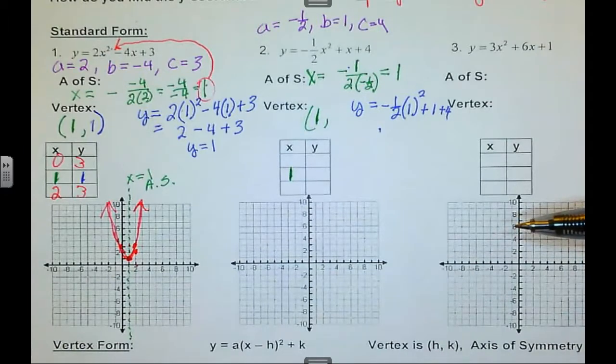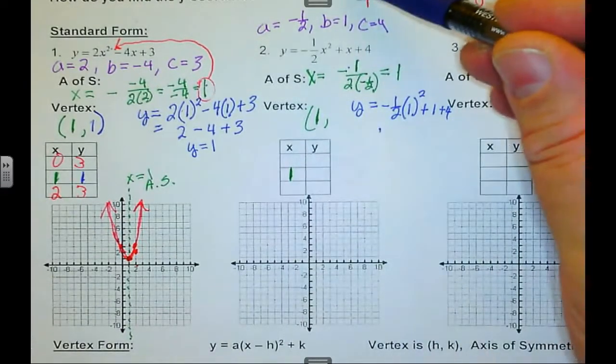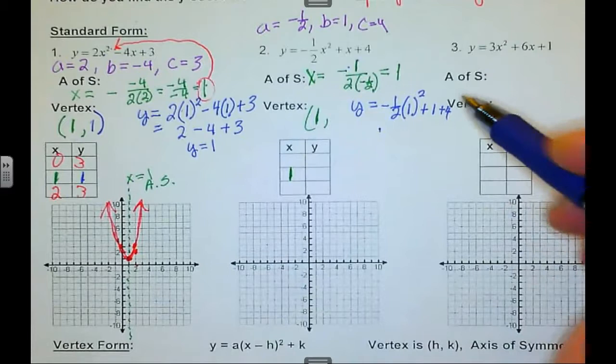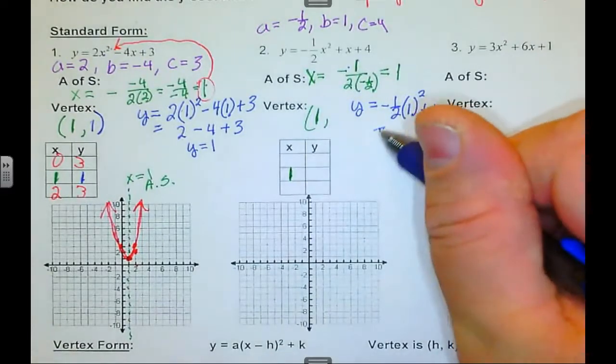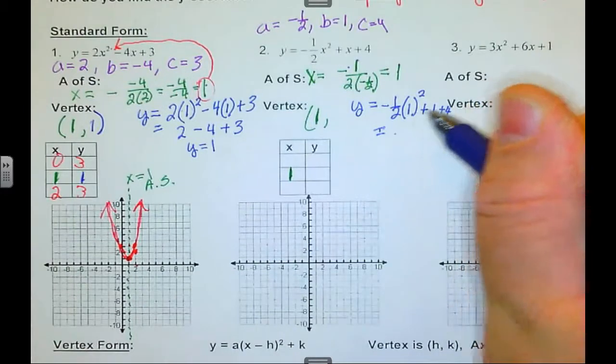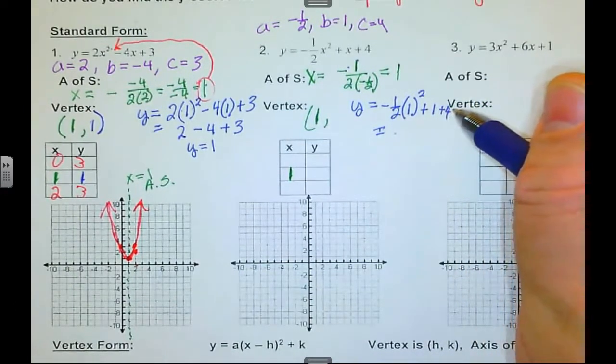Yes. Because that's my formula. It's -b over 2a. Okay. All right. So my y is, let's see, this is -1/2 plus 1 is 1/2 plus 4 is 4.5.